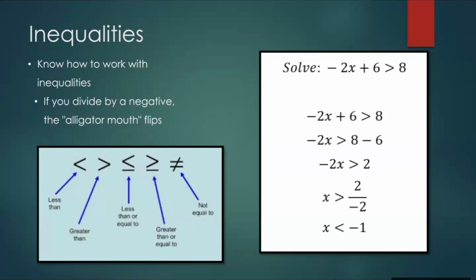So in the left picture, we have what looks like maybe Pac-Man's mouth, or I like to think of it as an alligator, where it's smaller on the left and it gets bigger as you go right. That means less than. If that symbol is flipped, where it's bigger on the left and smaller on the right, that means greater than, right? Whatever number is on the left is greater than what's on the right.